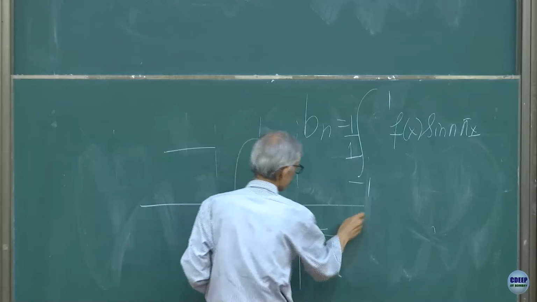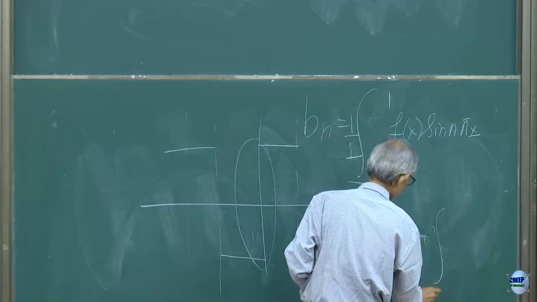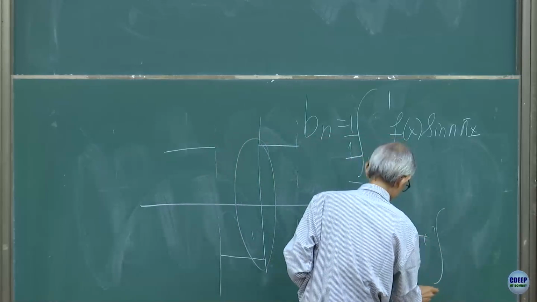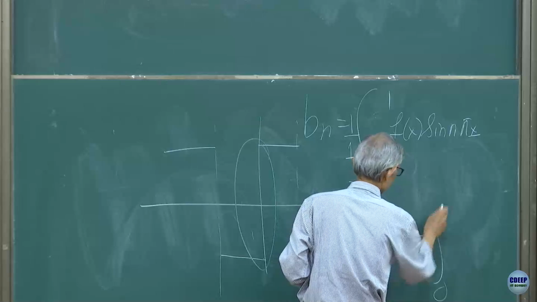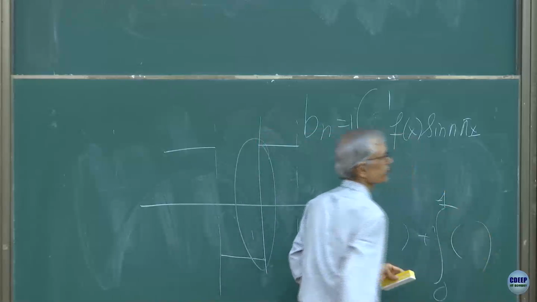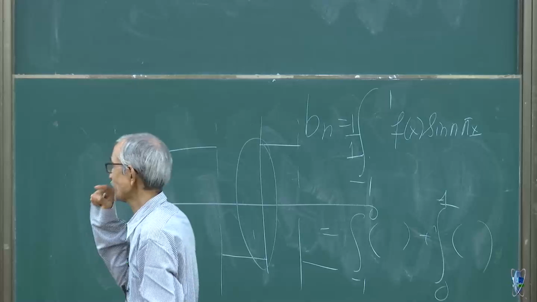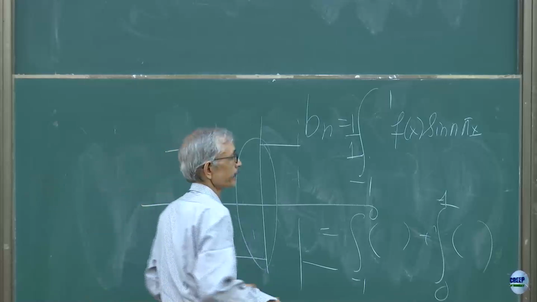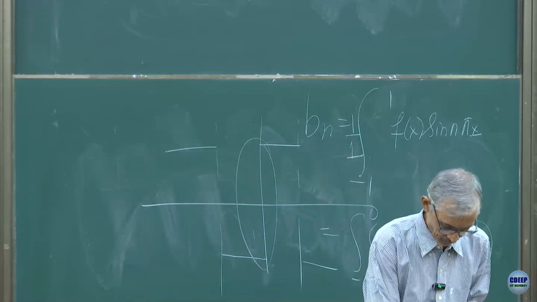So we said I'm going to go from minus 1 to 0, and 0 to 1, and whatever is there inside. We'll do this once more today. And then you can just go ahead and do the algebra, and you are going to end up with that. So this is where we were when we quit last time.